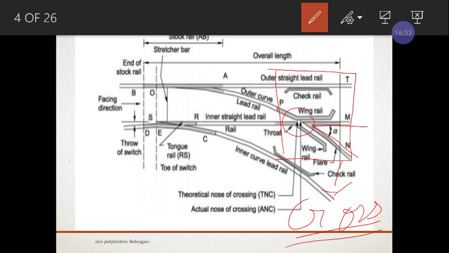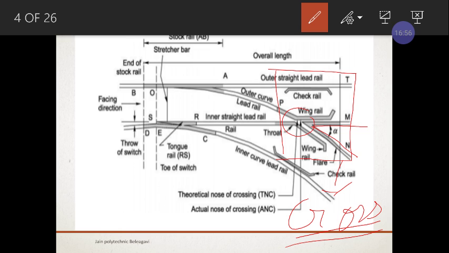Just keep in mind what are points, what is the crossing, what are the stock rails, what are the tongue rails. The wing rail is nothing but the curved rail which is bent perpendicular. That rail is called the wing rail. Okay, what is a check rail now?